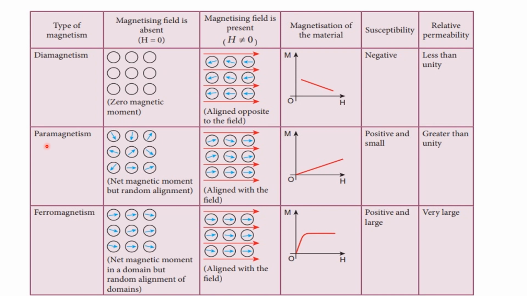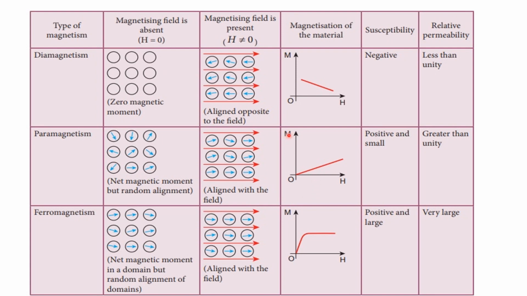Then coming to paramagnetism, you can see in the absence of a magnetic field, the spins are randomly in any direction. Then when I apply the magnetic field, what happens? They try to align along the applied field direction. It may not be perfect in alignment, but still it tries.